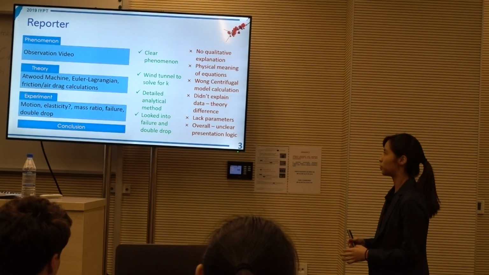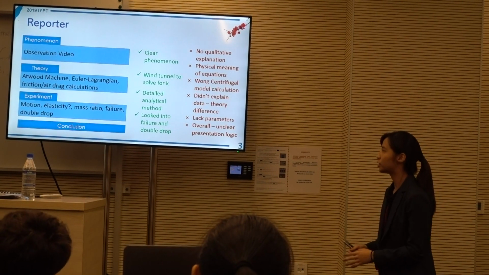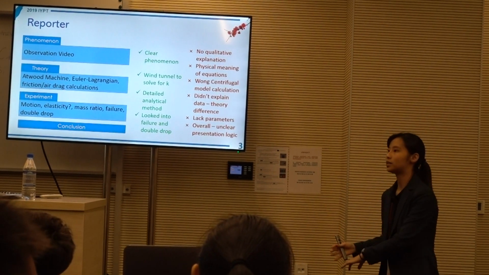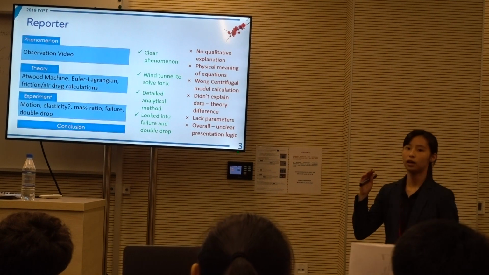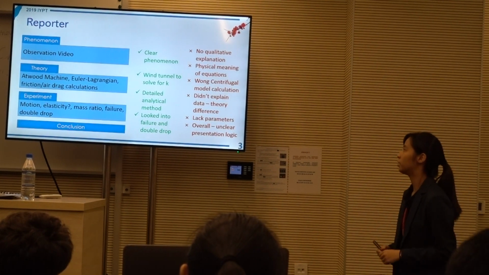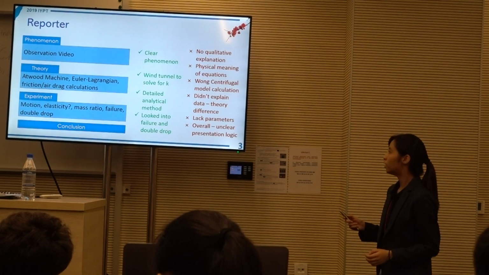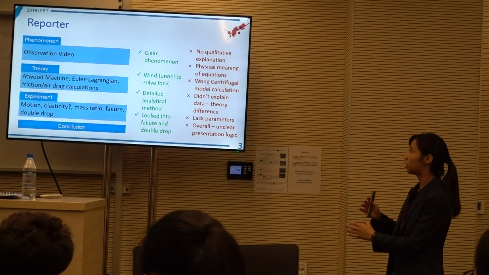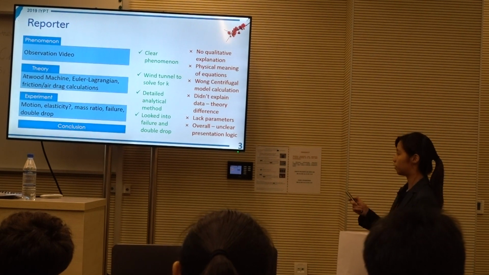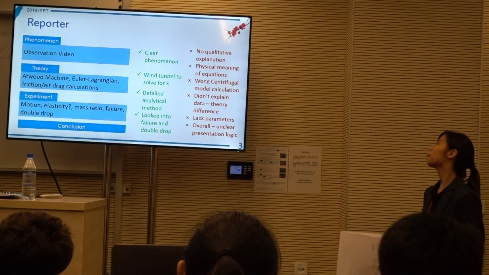And in the experiment part, he told us about the motion, but in the elasticity part, he only did the experiment instead of giving an explanation on it, and the mass ratio, the failure, and the double drop of the phenomenon. And he did go on to look into the failure and double drop and finally a conclusion.